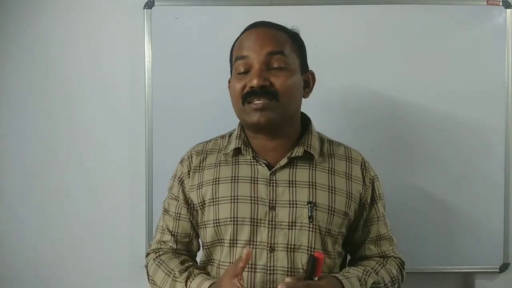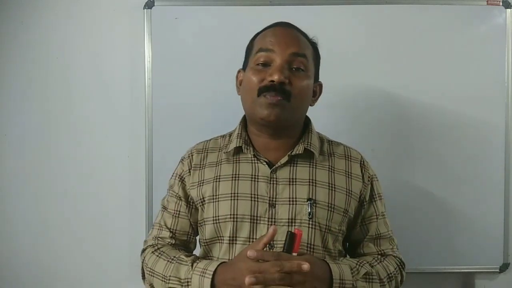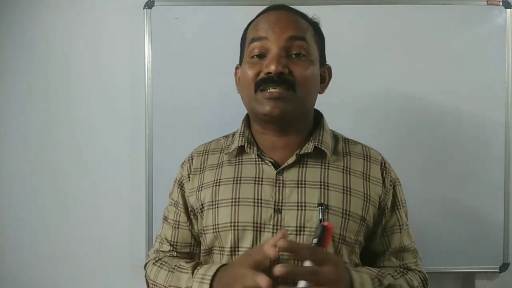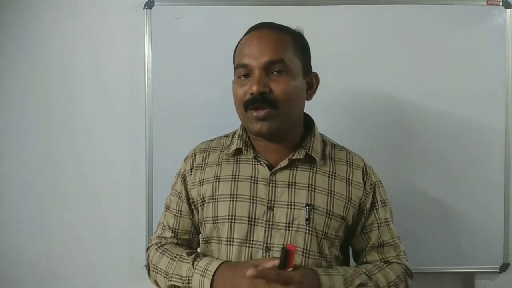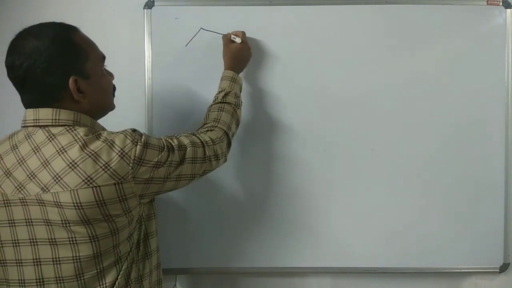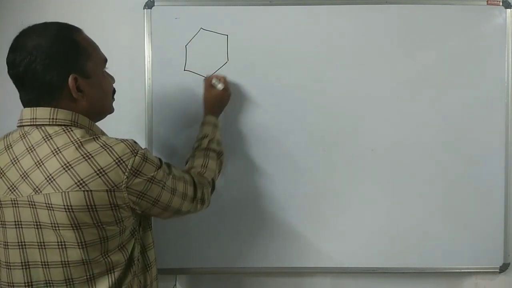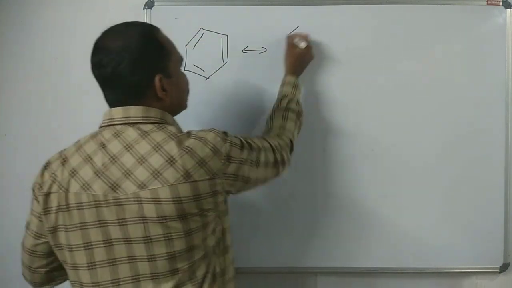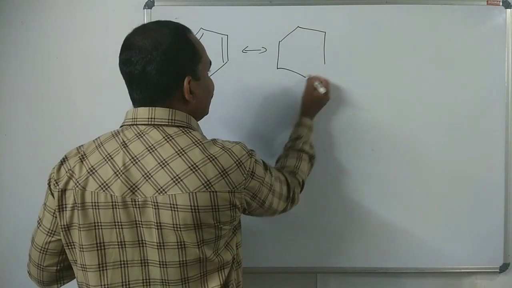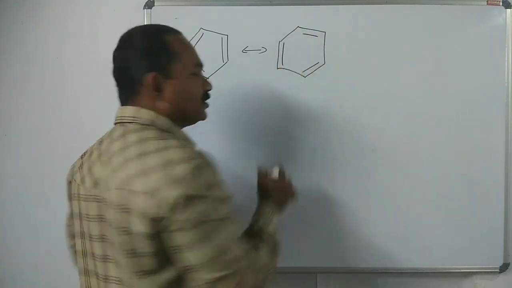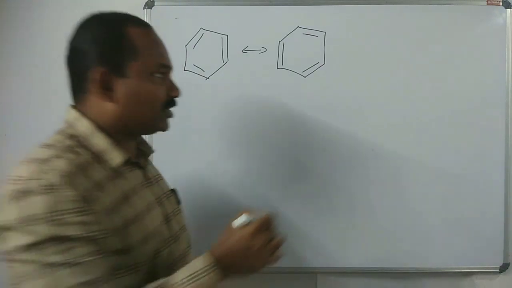More than one structure explains the properties. These structures are called canonical structures or resonance structures, and the phenomenon is known as resonance. You know the benzene structure. In the case of benzene, there are two canonical structures which explain the properties of benzene. We will discuss in detail in the 4th chapter, so please refer to it.